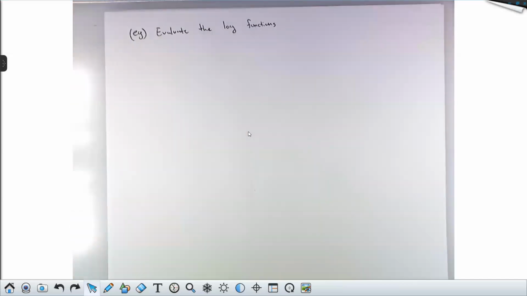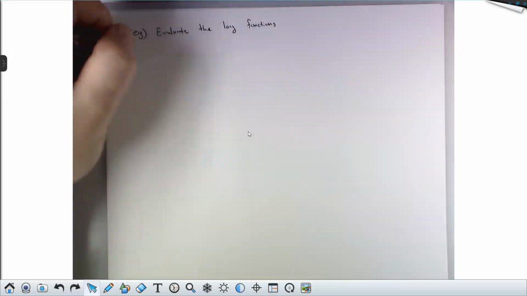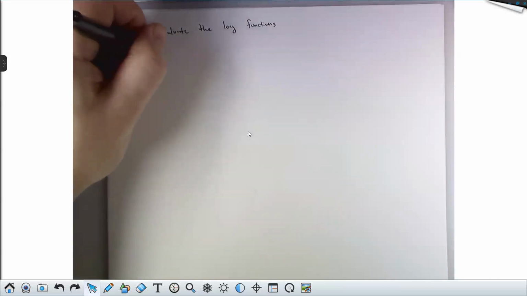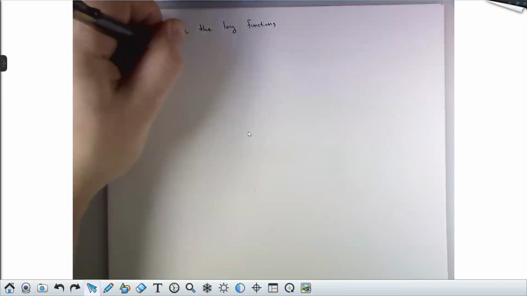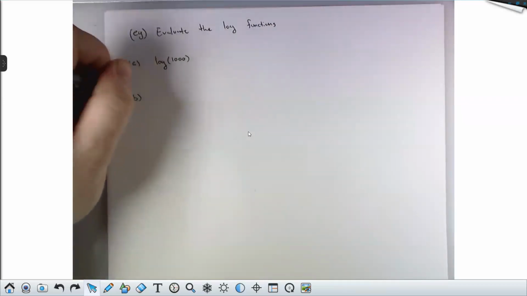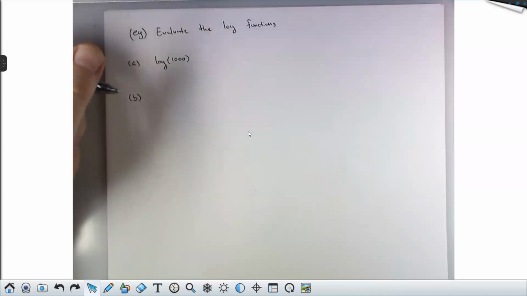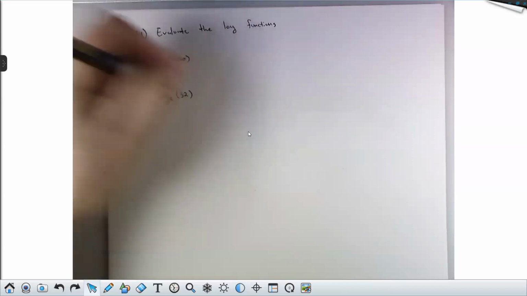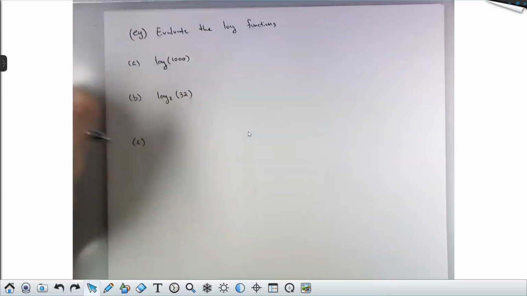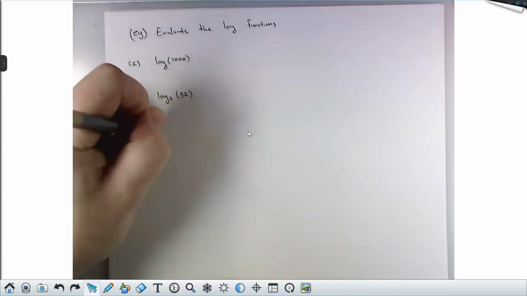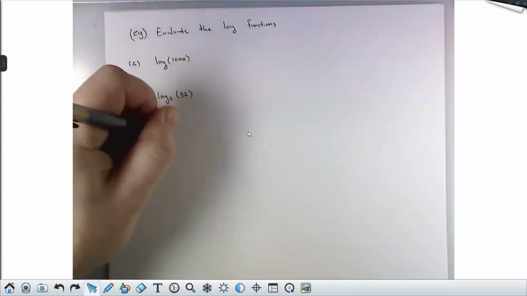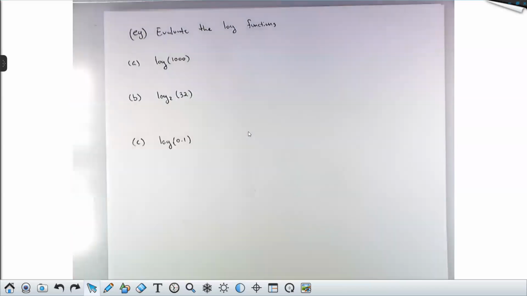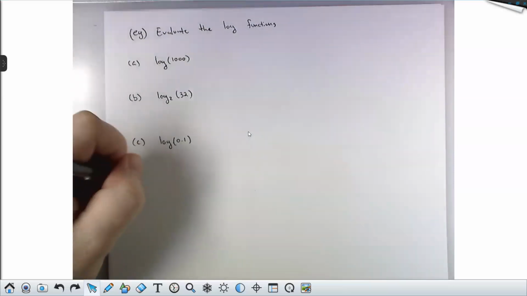the log functions. We're going to look at the base 10 log of 1,000, or I'll just write log of 1,000. We're going to look at the base 2 log of 32. We're going to look at the base 10 log of 0.1. We can look at the base 16 log of 4.